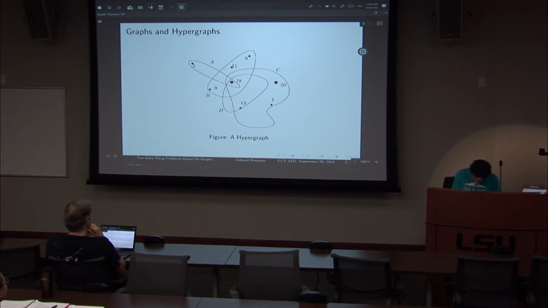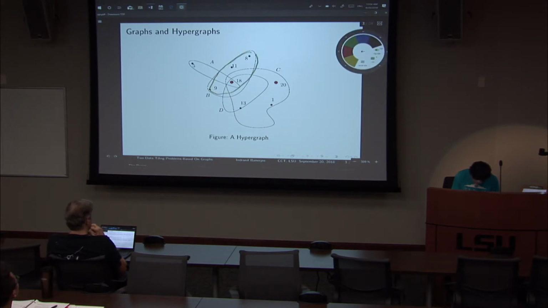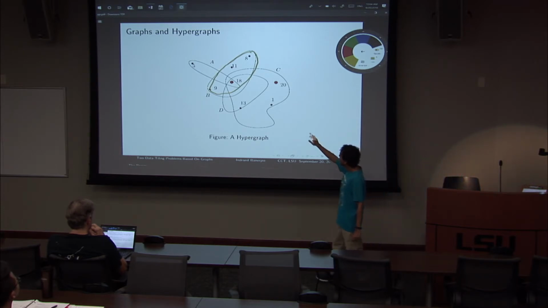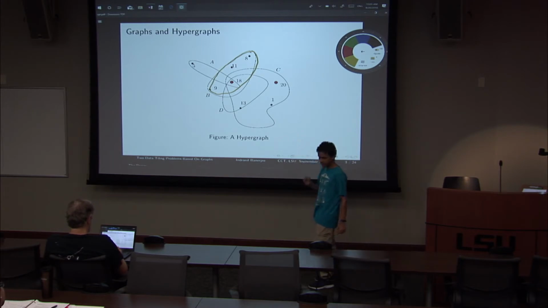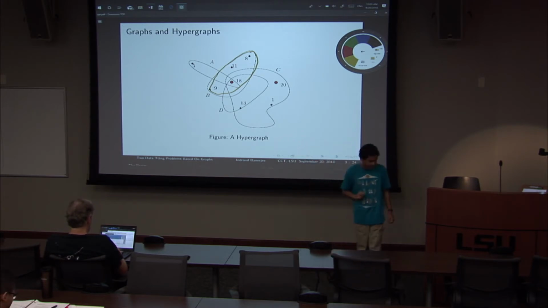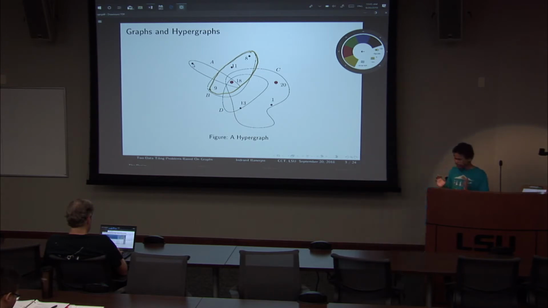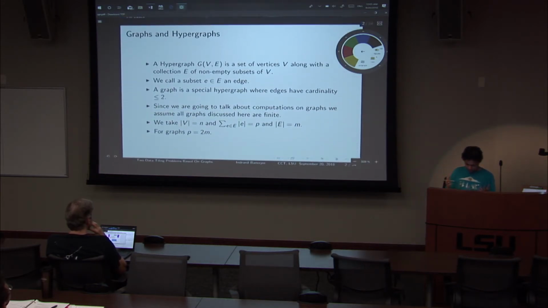Say you have this set 9, 11, 8, and 18, and they form this hyperedge B. So it's just a very simple generalization of graphs, where edges have two or one vertices, to more than that. Here are some definitions.